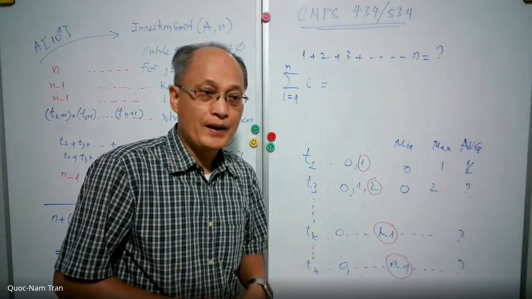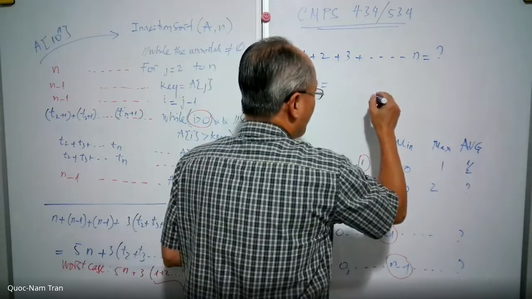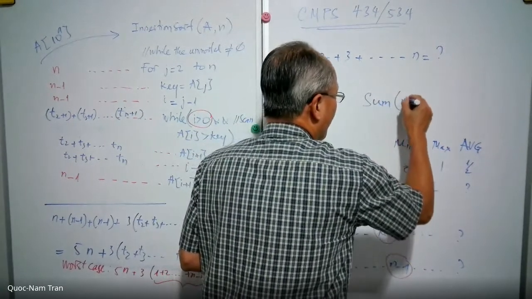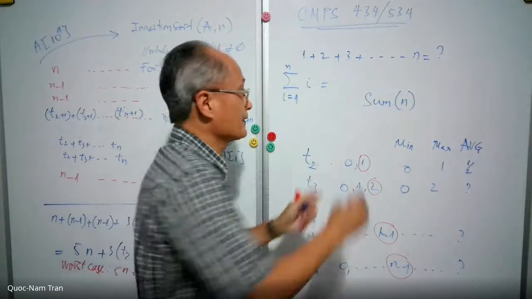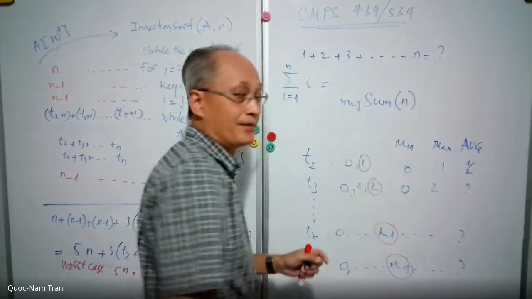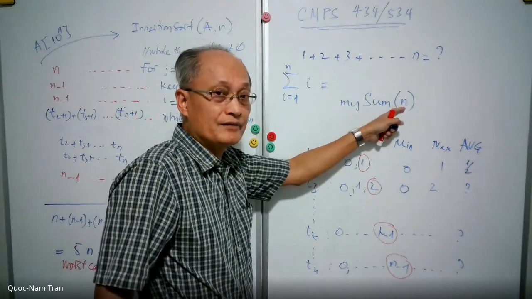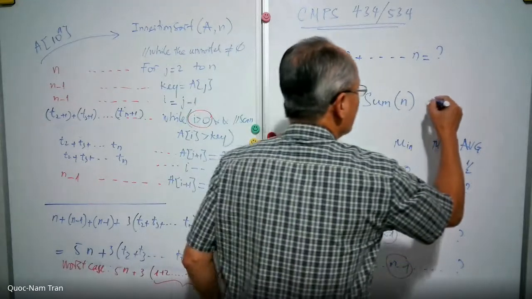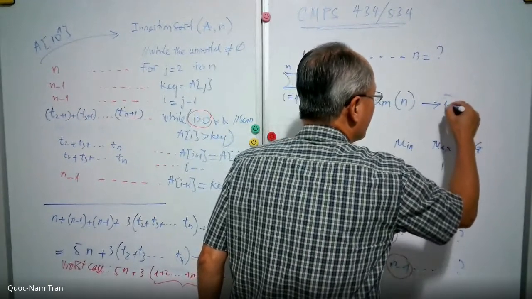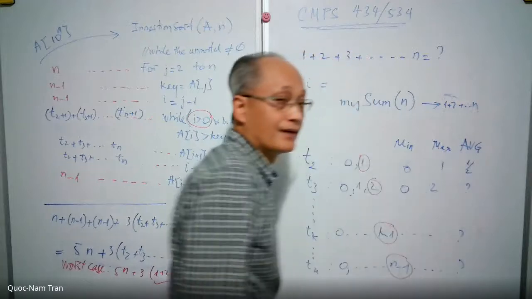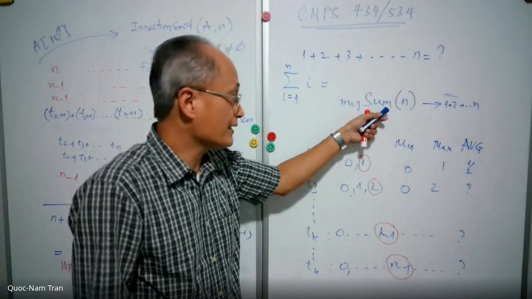For example, I ask you to write a program, let's call the function my sum, that will take in a value n and return the sum from 1 to n. Okay, so that is what I want you to do. How can you do that?